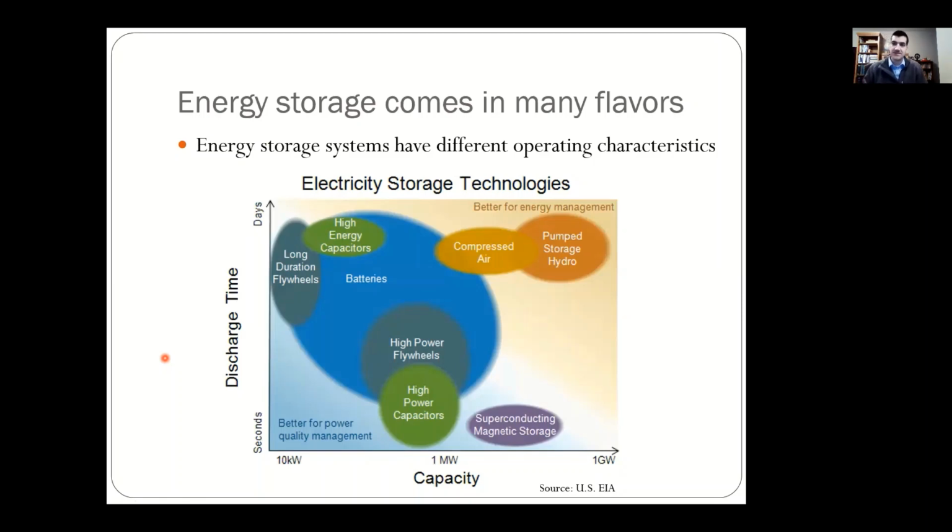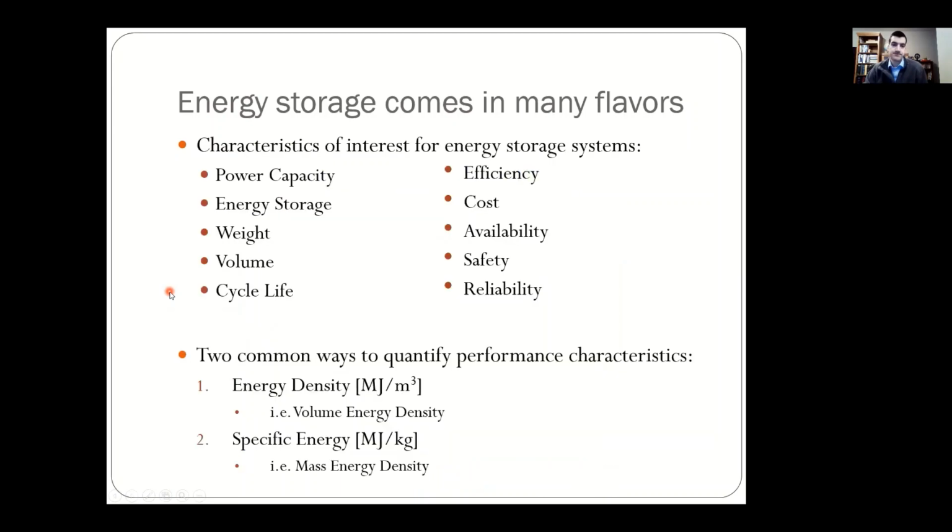So that's why batteries tend to be a pretty good application for a lot of different scenarios. But for some things, there are better applications. So today we're going to talk about flywheels, and we're going to talk about compressed air, and we're going to talk about gravitational energy too, and that's not on here, but we'll talk about that at the very end also.